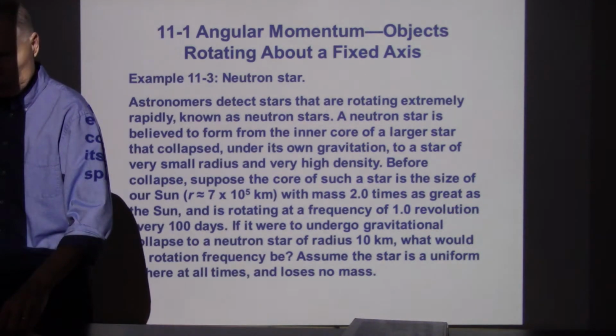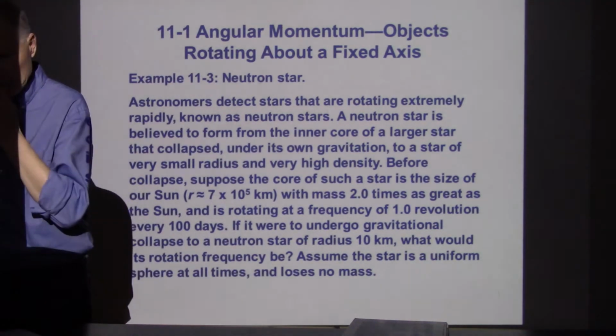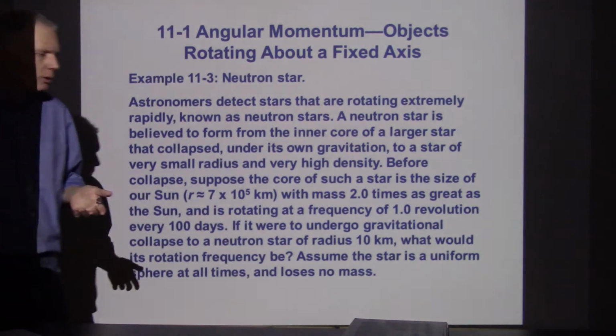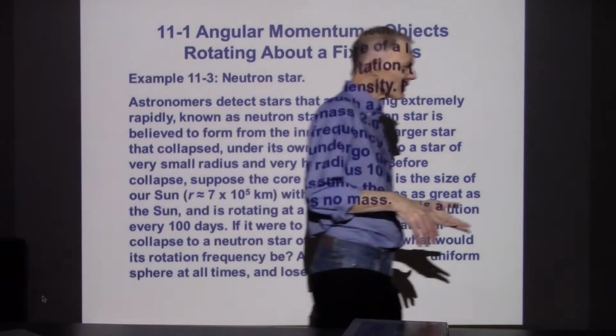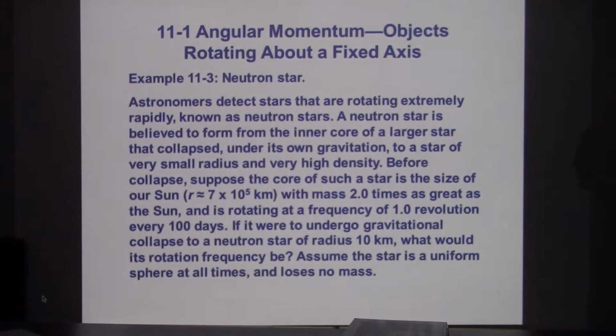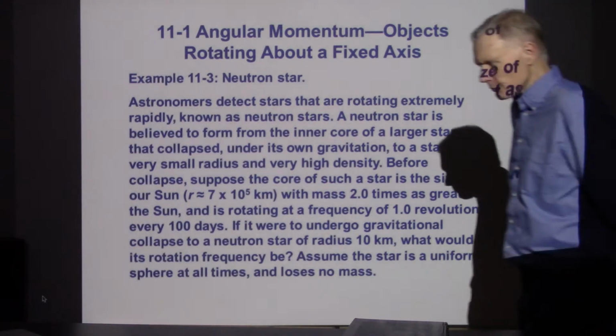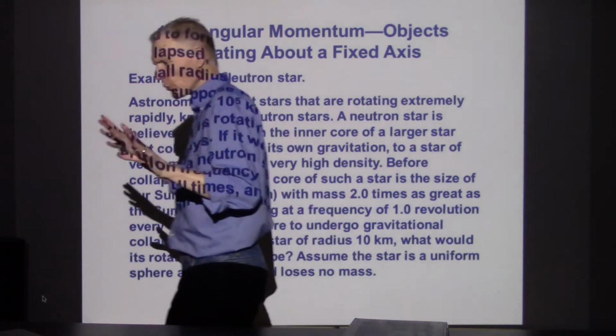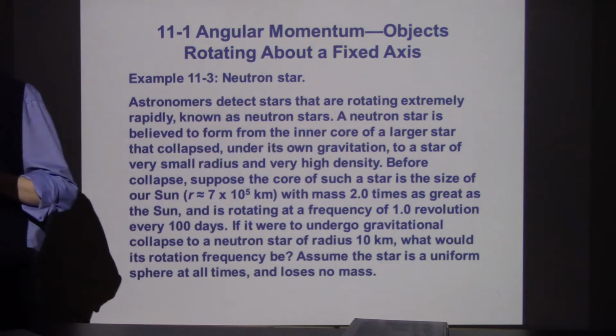All right, here's a neutron star. Stars that are relatively high mass, once they've run out of fuel in the nucleus for nuclear fusion, are left with the outward force from the nuclear fusion dropping off.